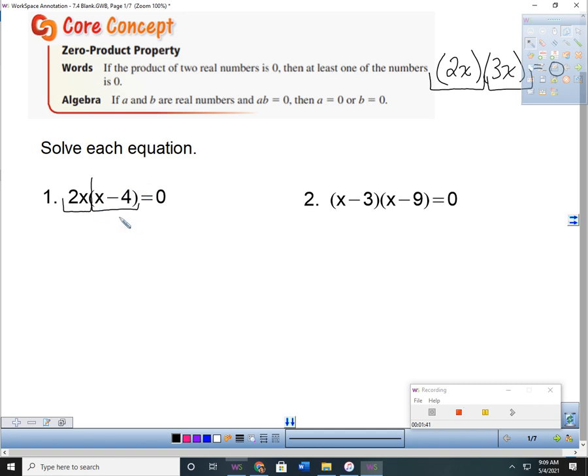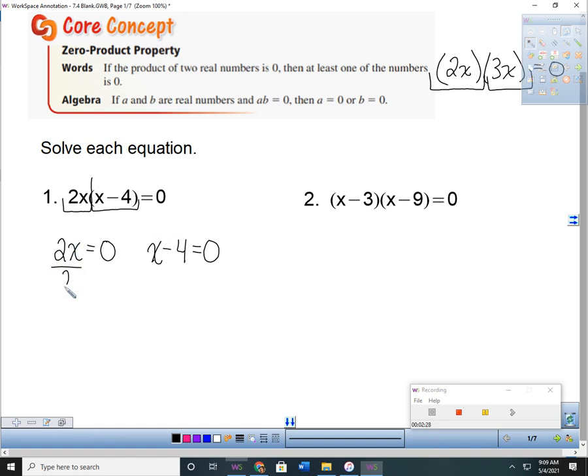So you're going to come up with two numbers that make this equal 0. You take one factor and set it equal to 0 because you're asking yourself, what number can I plug in for x that would give me a 0 for this factor? Then you do the same thing with the x minus 4. In your mind, you're thinking, what number, if I plugged it in for x right here, would give me a 0? So all I'm going to do is solve for x.